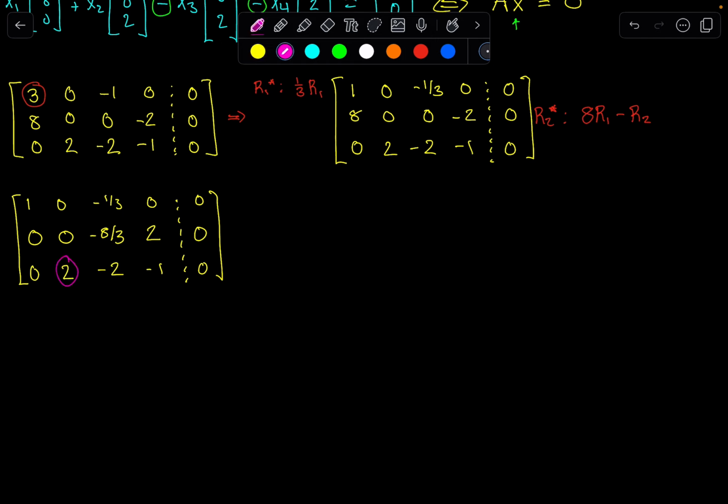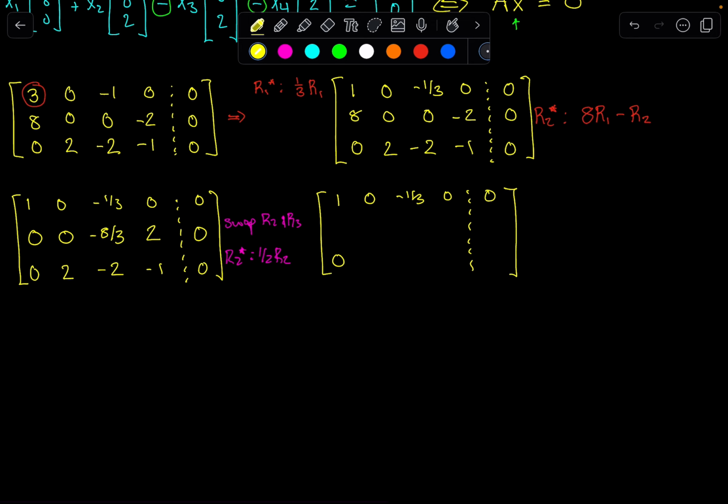So I'm going to swap row 2 and row 3 and then simultaneously, I'm going to multiply that new row 2 by 1/2. Okay, so let's see what we get here. So we have 1, 0, negative 1/3, 0, and a 0.